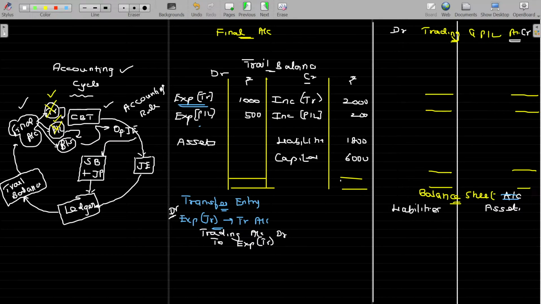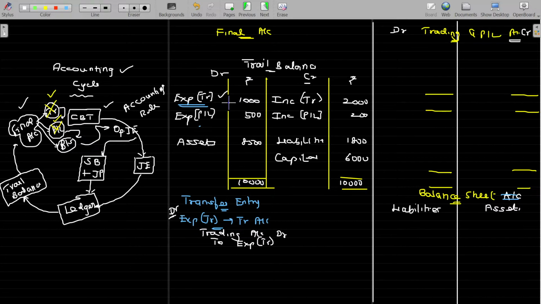So the overall total is 10,000 rupees. Am I right? Here also we have 10,000 rupees, and assets should be 8,500. So assume that this is the summary of the trial balance. My first duty is to transfer the expenses related to the trading account from the trial balance to the trading account.